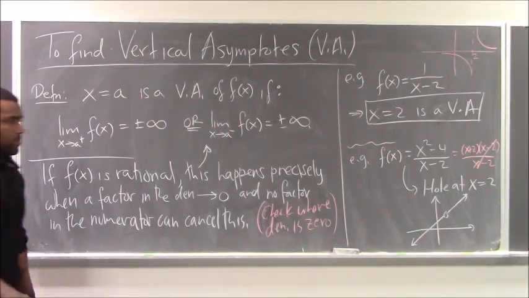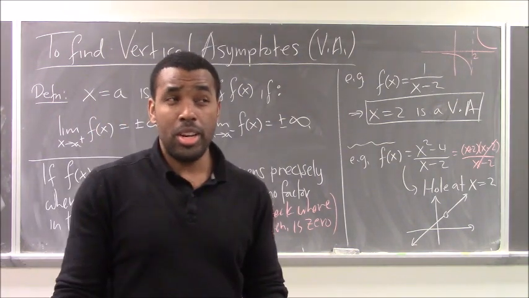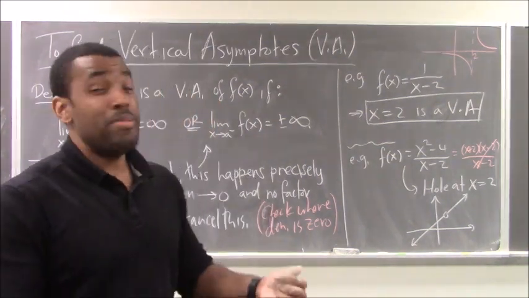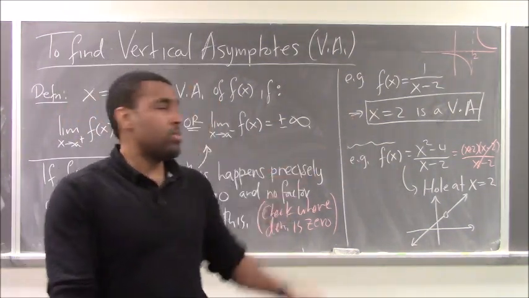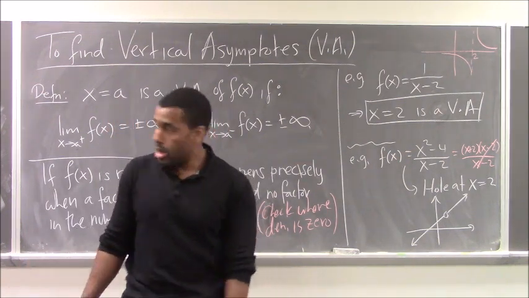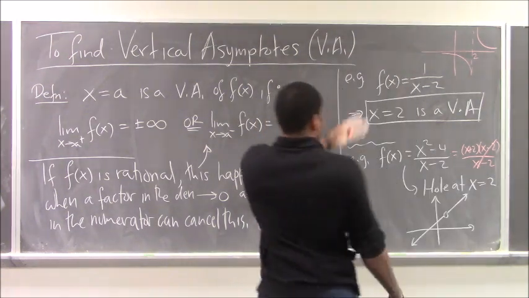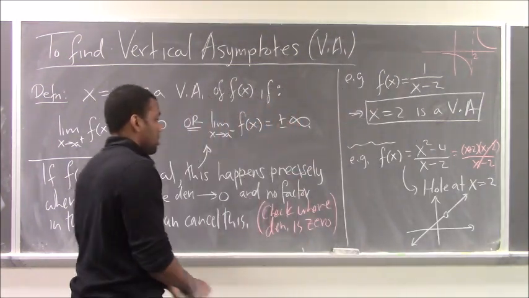In practice, that's how you think of it. If I can cancel the 0 in the denominator, there's no vertical asymptote. If I can't, it will hit a vertical asymptote wherever the denominator hits 0. And that's how you find vertical asymptotes. So if I see something like this, I would set the denominator equal to 0.